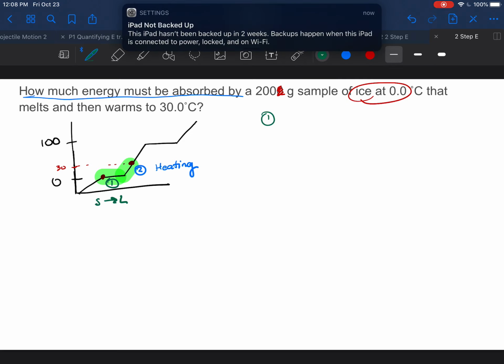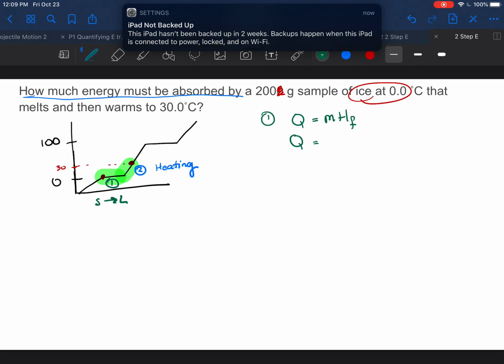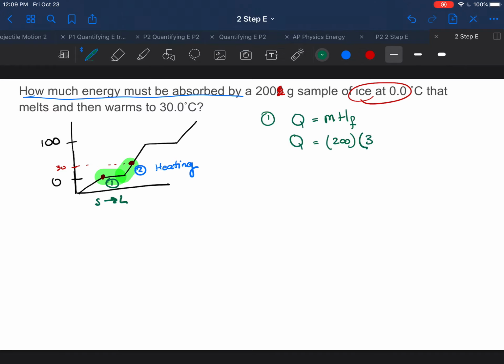In the first event, it is a phase change and it's solid to liquid, so I'm going to use my heat of fusion. Heat of fusion is used for melting or freezing. Q is the energy absorbed, m is the total mass that is melted. In this case, that is 200 grams.